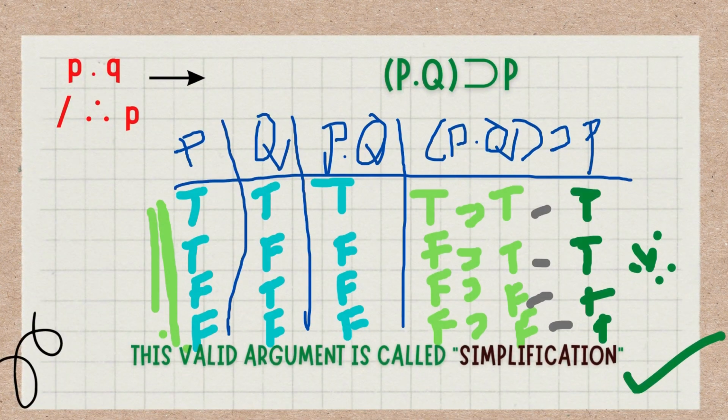But how you should do it is, first we need to take the P dot Q column, T, F, F, F, and then implication, and the second thing is we will be taking the P column, T, T, F, F. First take the P dot Q column values, implication, P column values, so that you will be getting all true.